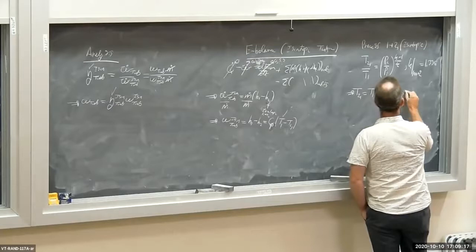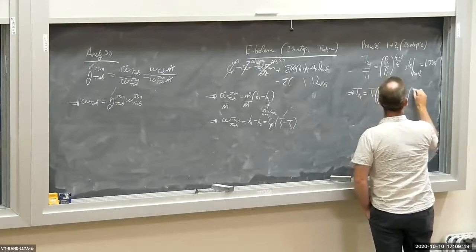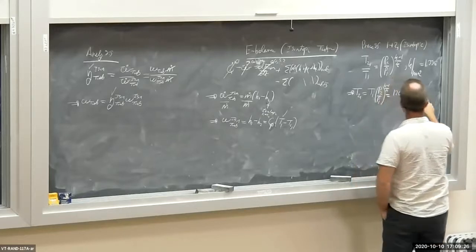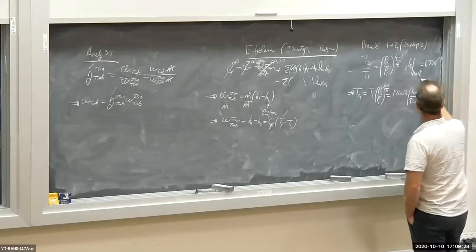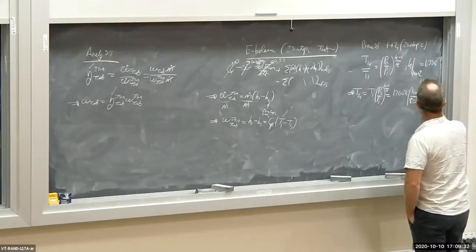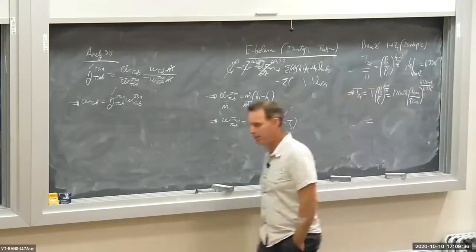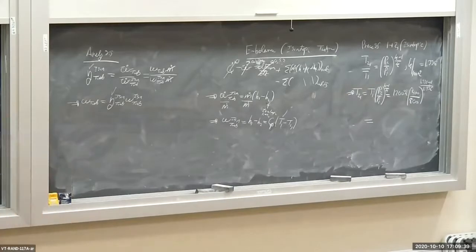So 1,200 degrees Kelvin, P2 is 400, and P1 is 800 kPa. The units cancel out. And then I have 1.336 minus 1 divided by 1.336. And I find T2 sub S is 1,008 degrees Kelvin.